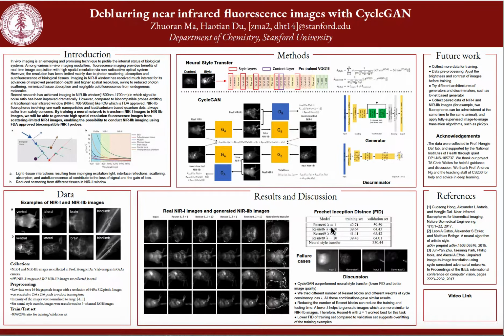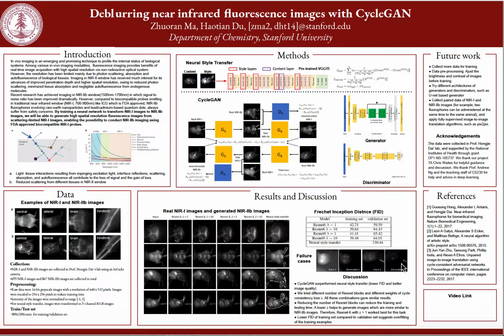And actually, all these CycleGAN models outperformed the neural style transfer, which has a very high FID. It should be noted that our CycleGAN model is not yet perfect. For example, here are some failure cases. In these examples, it seems that after translation, part of the animal is totally missing.